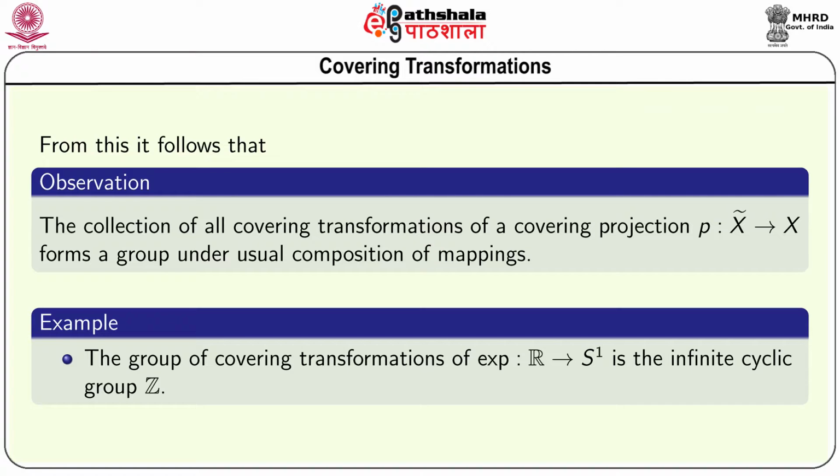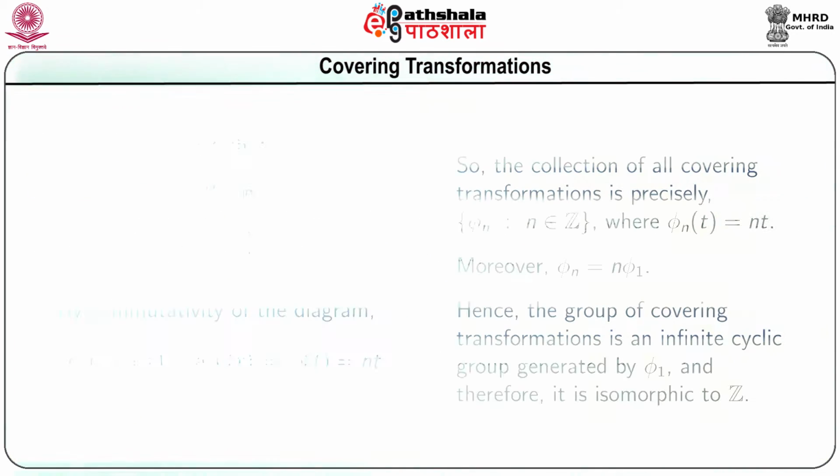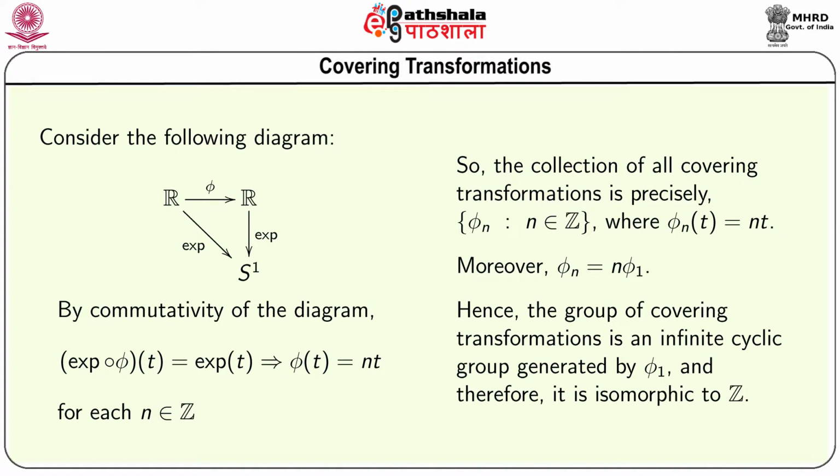The group of covering transformations of the exponential map from R to S1 is the infinite cyclic group Z. Let us see how it happens. Consider the following diagram. We have the covering projection exponential from R to S1.